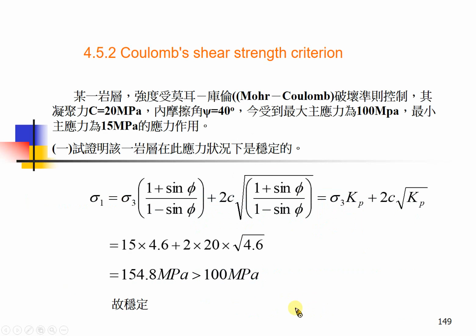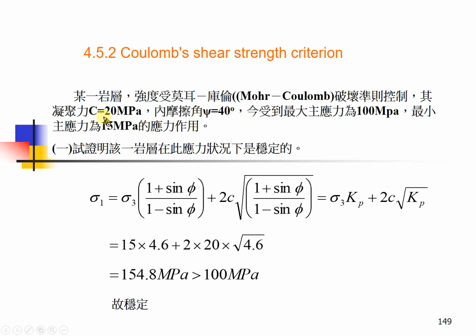This will be some questions from the national examination for the professional geotechnical engineering. This will be some material prepared by Professor Tian. I will explain the question. There is a rock. The failure criterion follows the Mohr-Coulomb failure criterion.